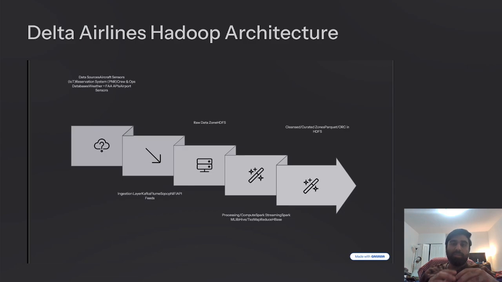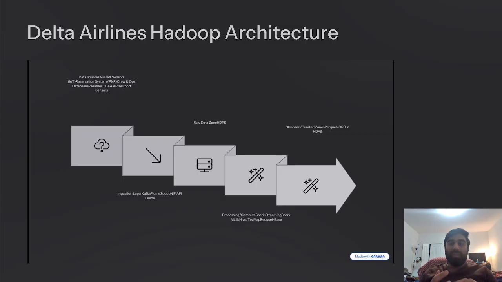HBase enables millisecond-level lookups. For example, when operational staff want to check a real-time aircraft health indicator or whether a component has exceeded its vibration threshold. As data moves from processing to storage, it enters the curated analytics zone of the HDFS. Here, data is stored in optimized formats like Parquet and ORC.